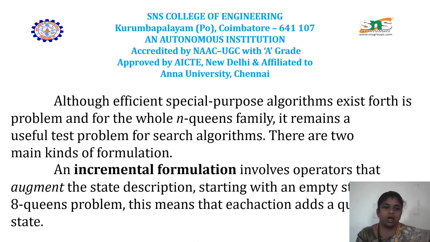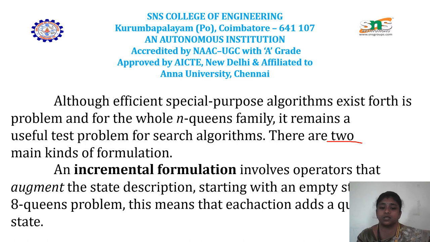Next, although efficient special purpose algorithms exist for this problem and for the whole n-queens family, it remains a useful chess problem for search algorithms. There are two main kinds of formulation. The first is the incremental formulation. Incremental formulation involves operators that augment the state description, starting with an empty state.